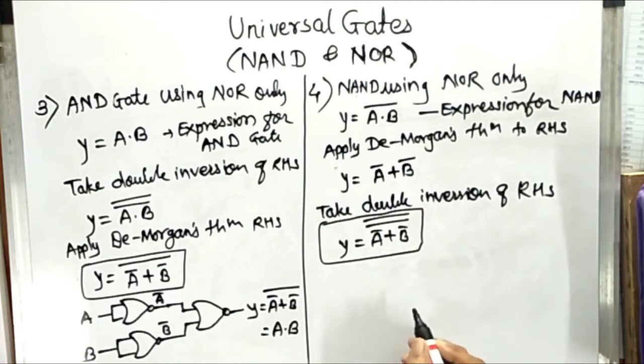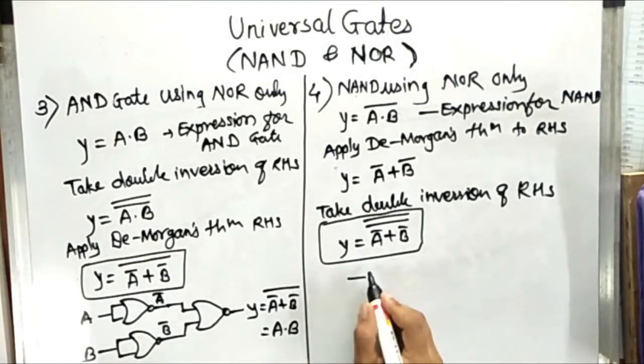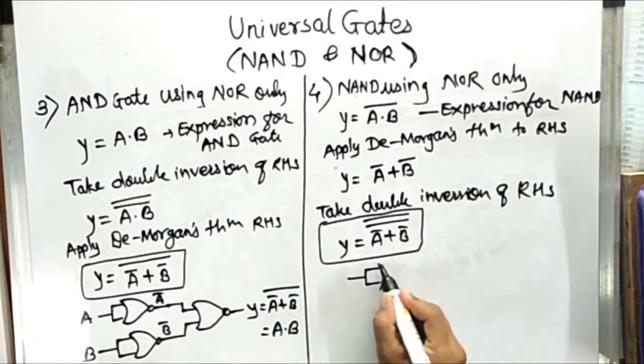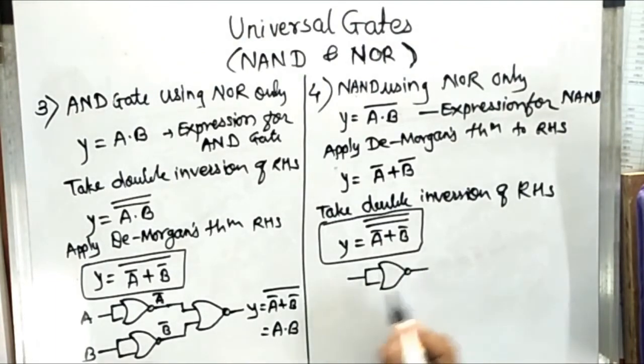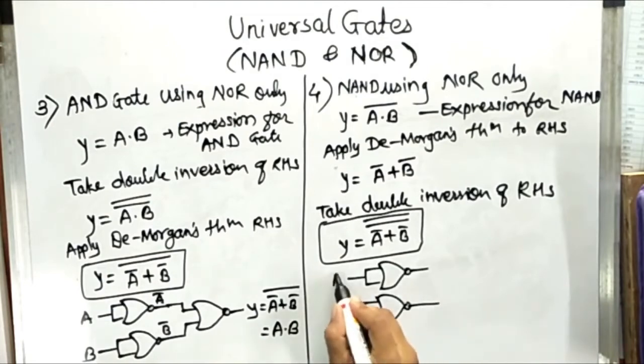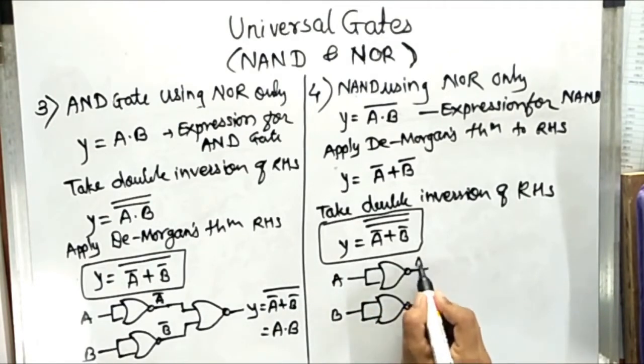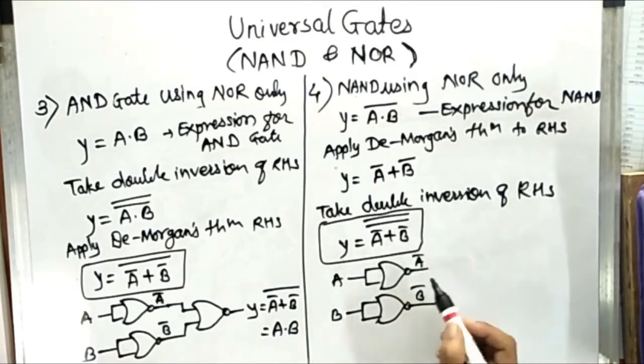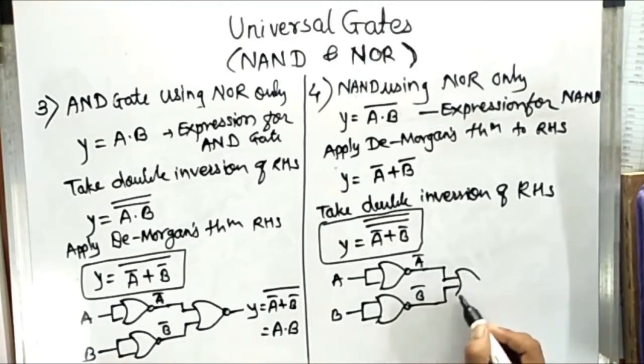So here we can construct this gate using complements. We are using two NOT gates at the input to get the complements of inputs A and B. So here we get A complement, here we get B complement. Now this is nothing but the NOR operation, so connect a NOR gate at the output.